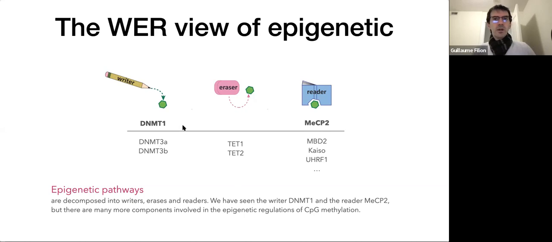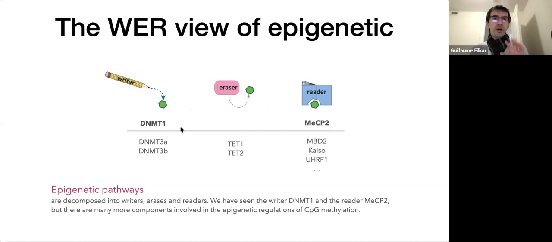So I'm showing you other players that are known for CpG methylation. You have two other DNA methyltransferases, DNMT3A and 3B. There are the erasers TET1 and TET2, and the readers, there are really a lot, like MBD2, Kaiso, UHRF1, and a very long list of readers that can interpret DNA methylation.